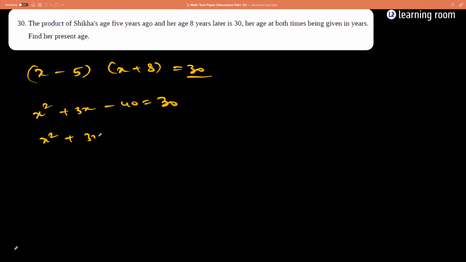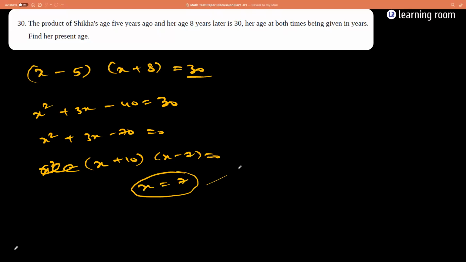So x square plus 3x minus 70 is equal to 0. So I can write x plus 10 into x minus 7 is equal to 0. So x will be 7. So our present age is 7 years. I hope it is clear. Yes, sir.